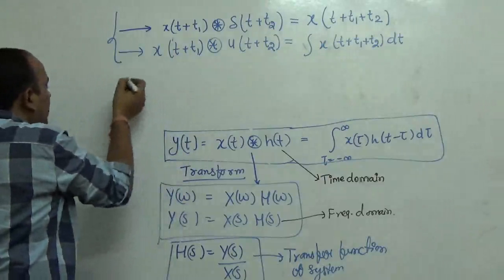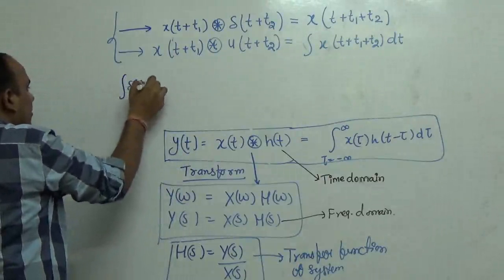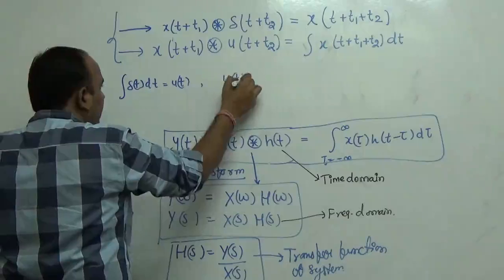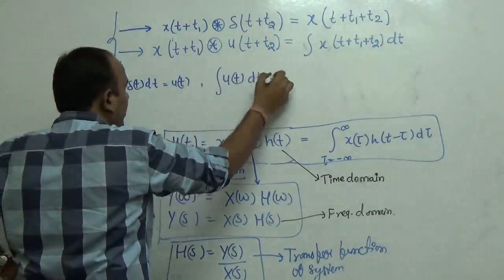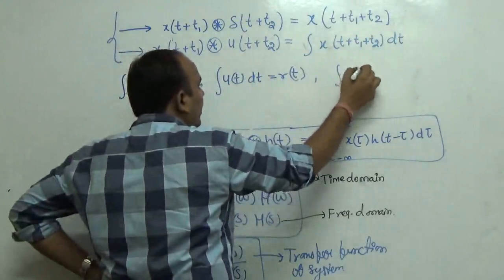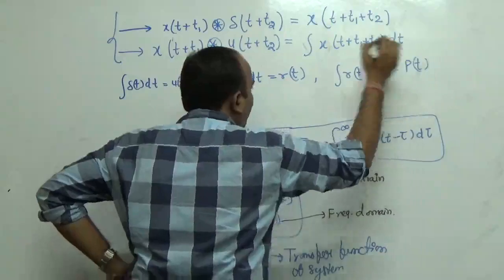The most basic concept is that if we take the integral of delta(t), we get u(t). When we take the integral of u(t), we get the ramp r(t). When we take the integral of the ramp, we get the parabola.